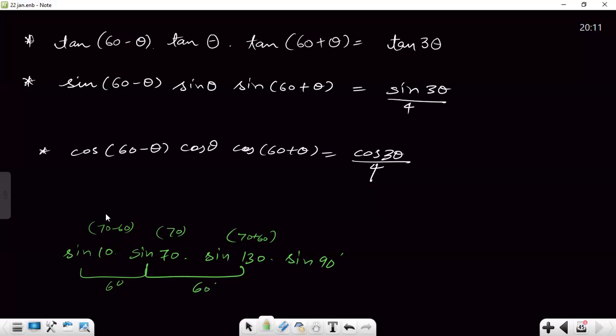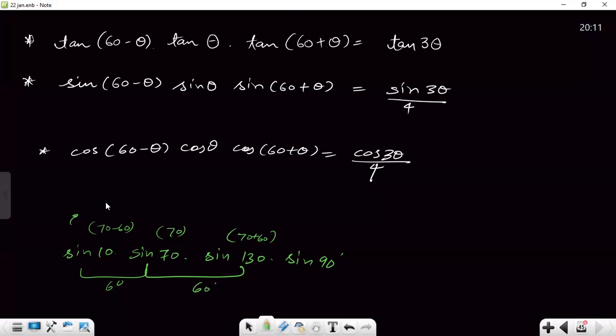If we have a variation, like theta minus 60, then you have to be mindful when using this formula, that this can also be theta minus 60 or 60 minus theta.